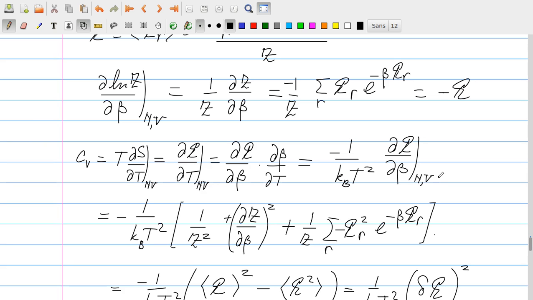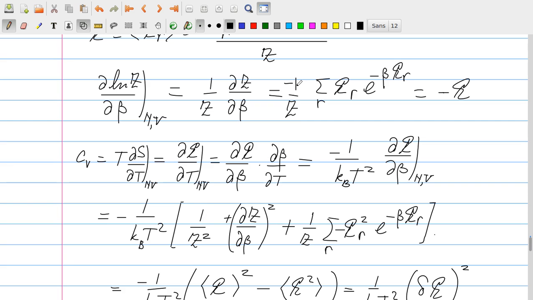Now let us consider this term. We know that the energy is given as 1 over Z times the sum of E_r e to the power minus beta E_r. And we need to take the derivative of this with respect to beta. So one derivative comes from this Z, and the other derivative comes from this beta here. So let's first take the derivative coming from this one.